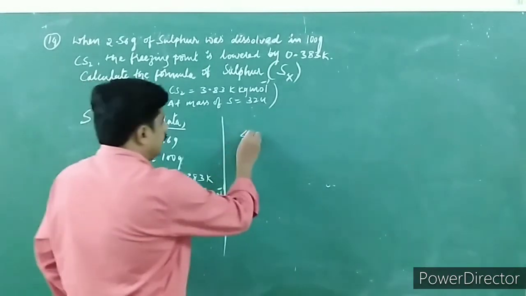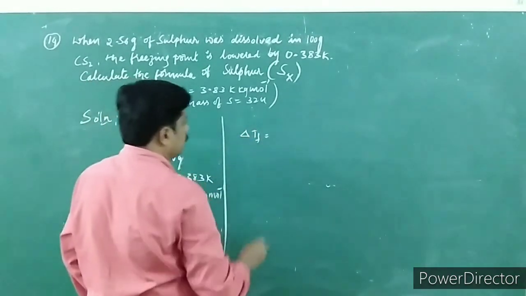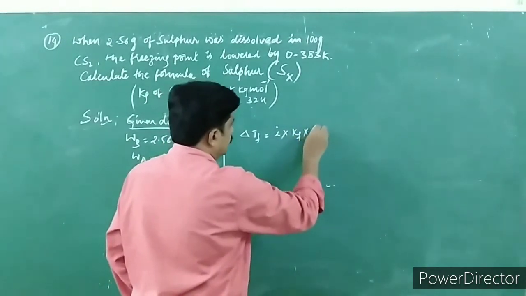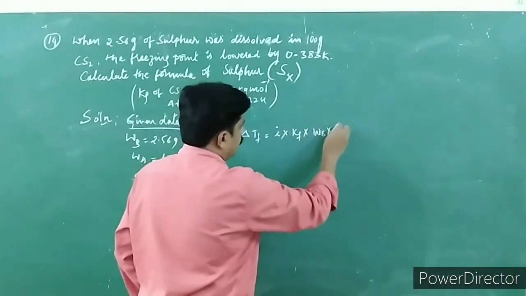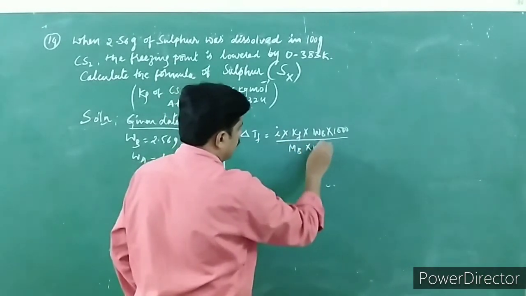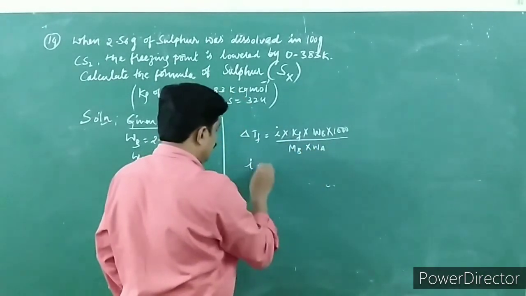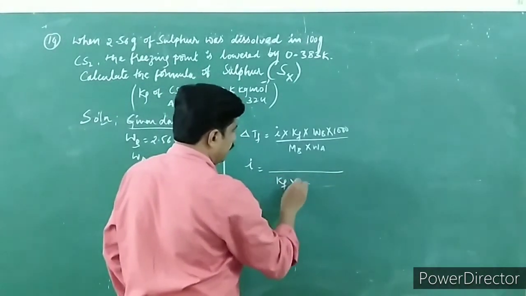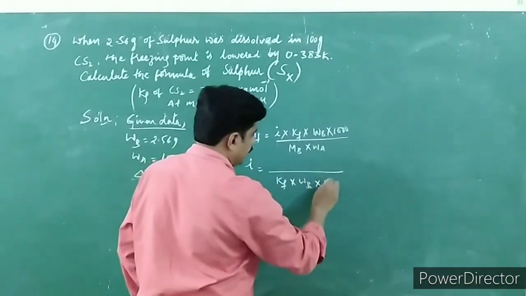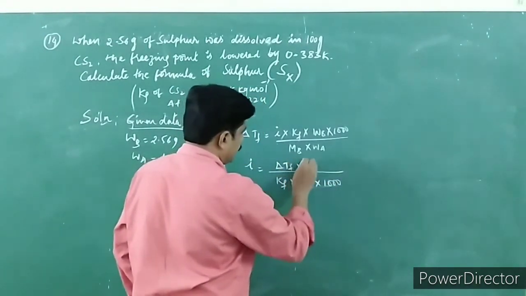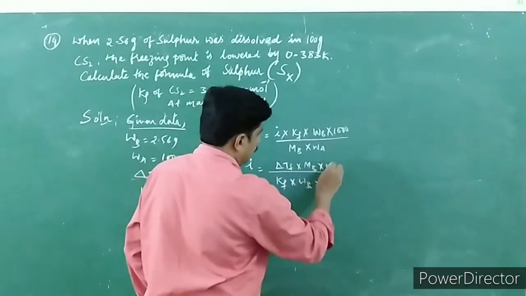Delta TF is equal to I into Kf into WB into 1000 upon MB into WA. I reshuffle. I is equal to Kf into WB into 1000 upon delta TF into MB into WA.